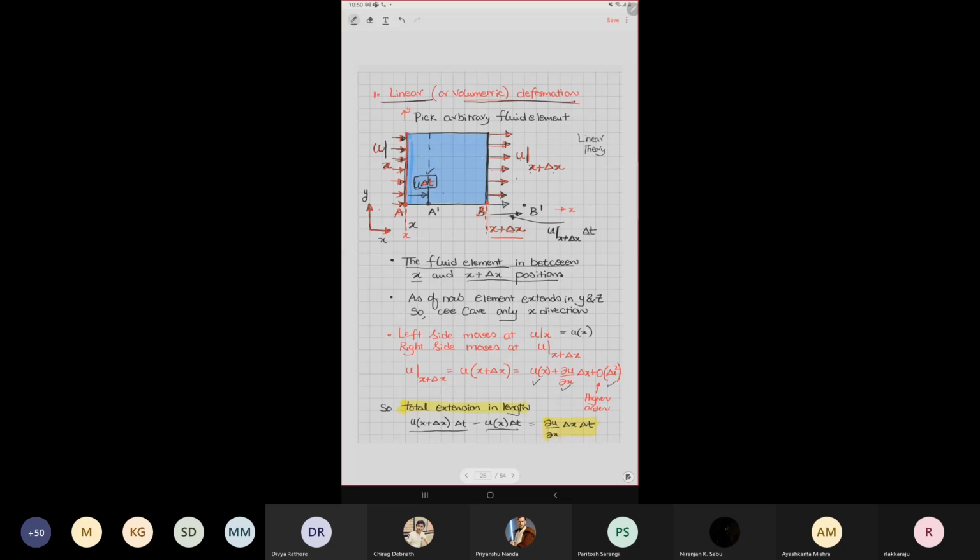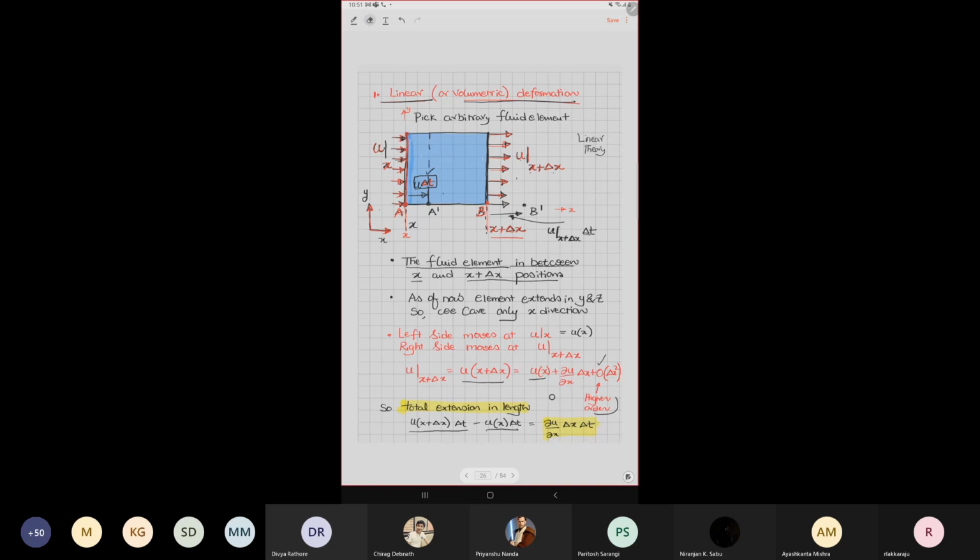And that is what we do for Taylor series. So u of x plus delta x is u at x plus del u by del x delta x plus the rest of the terms, what we call higher order terms. The symbol we use is big O of delta x square, because the next following order goes as delta x square. This is the standard convention.